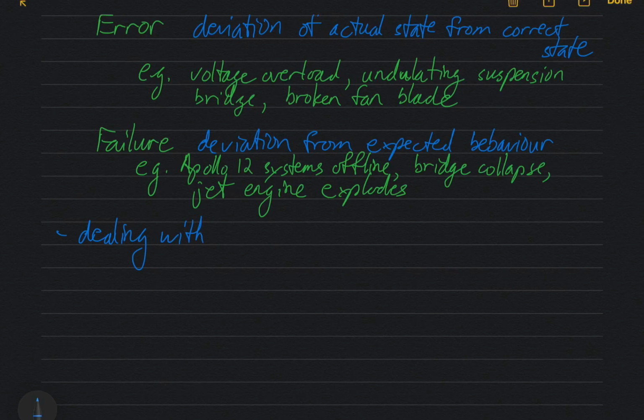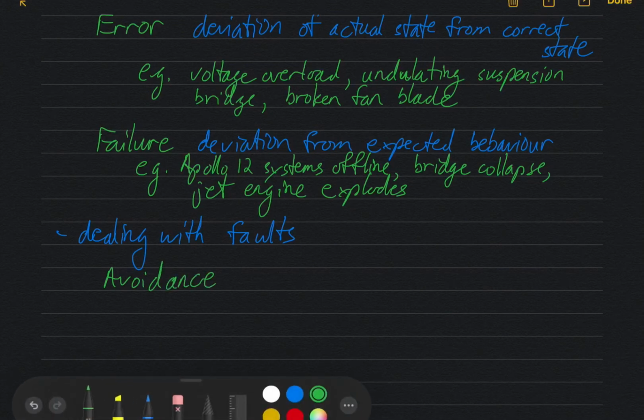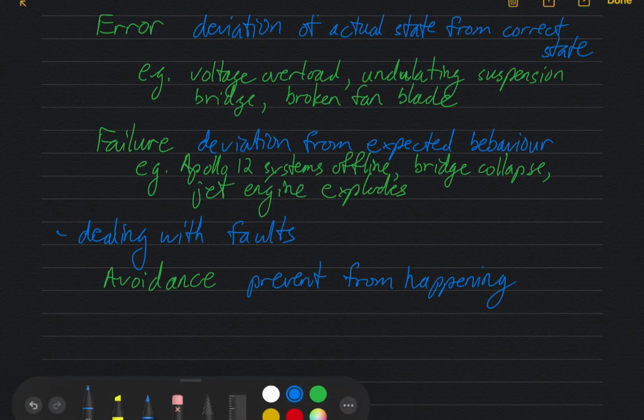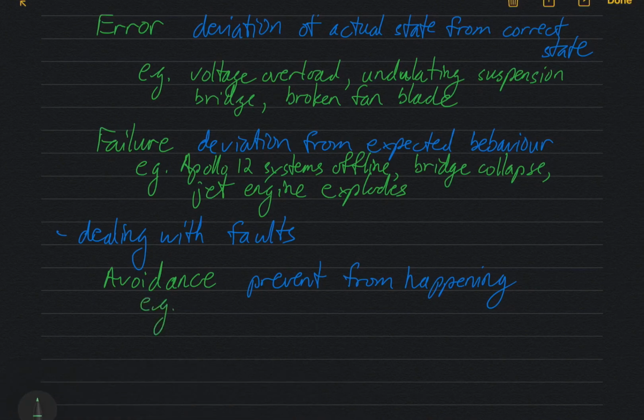So there's two main approaches to dealing with faults. First approach is avoidance. So prevent the fault from happening. And examples of that could be improved launch protocols.